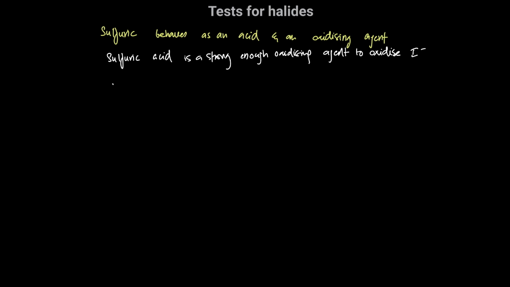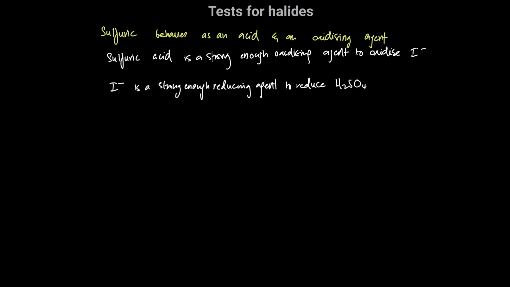Similarly, we can say that iodide ions are strong enough reducing agents, so iodide is a strong enough reducing agent to reduce sulfuric acid. We know that the reducing strength of the halides increases down the group, and that is obvious in their reactions with concentrated sulfuric acid.